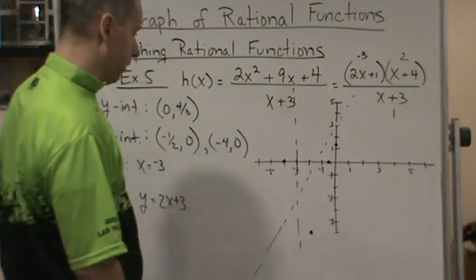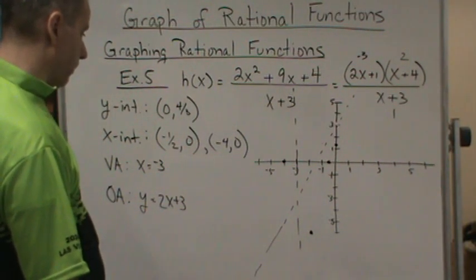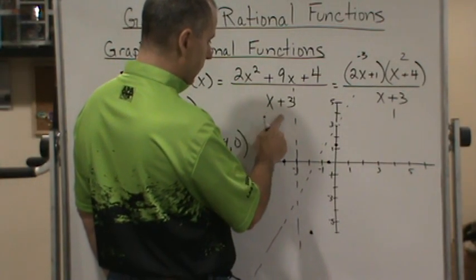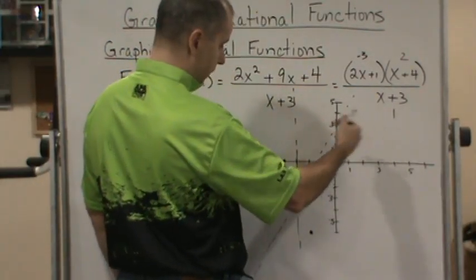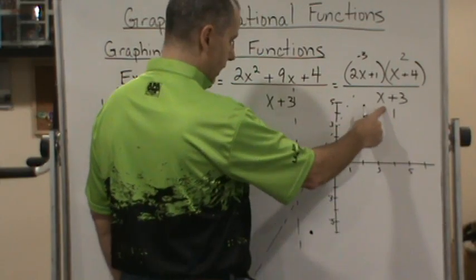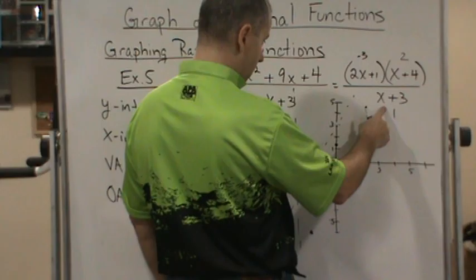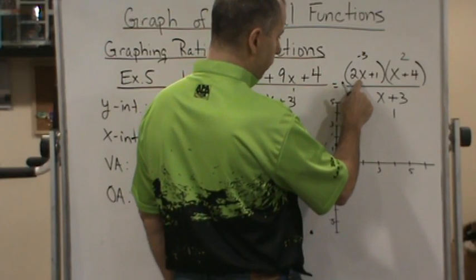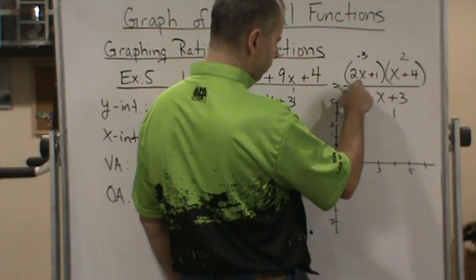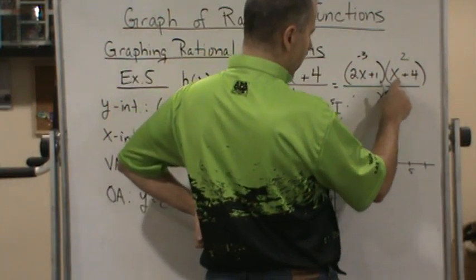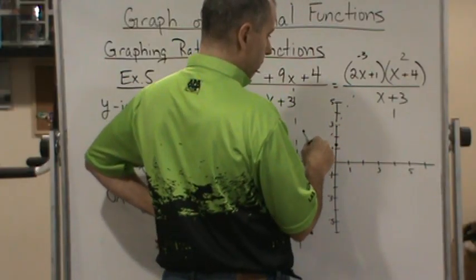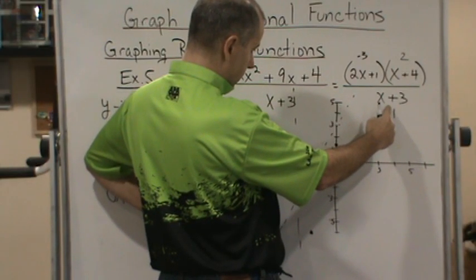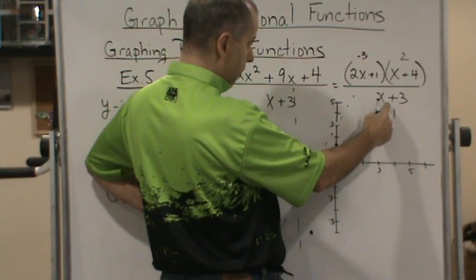All right, so we're going to be in that area. And as we get closer to negative 3 from the right, if we put in negative 3 here, this is going to be negative, this is going to be positive, and coming from the right, this is going to be positive.